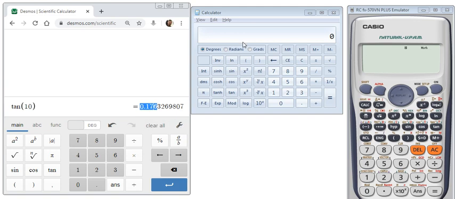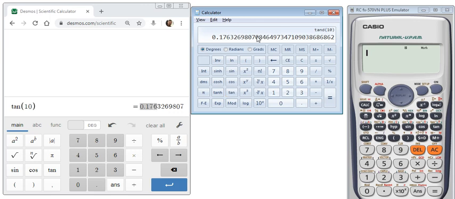Alright? You can do the same for the others. For the Windows calculator, we're gonna start with the angle 10, and then we ask for the tangent. Look, tangent, and we have the same number, 0.17632.